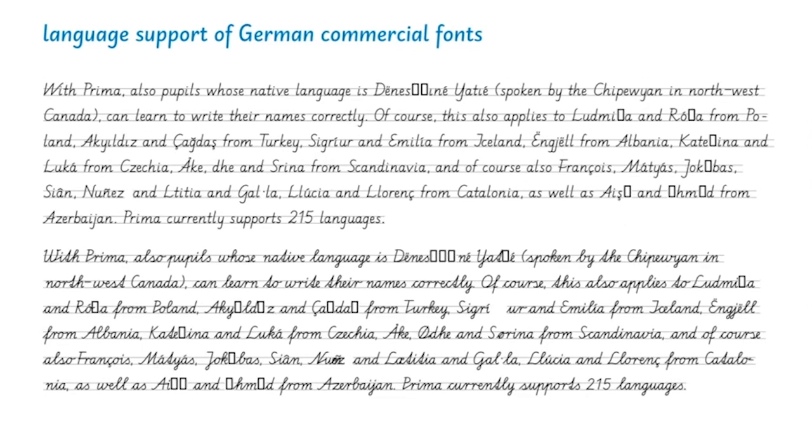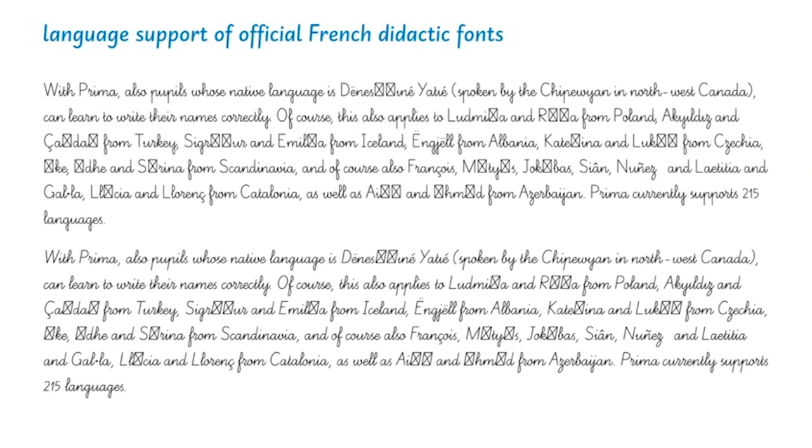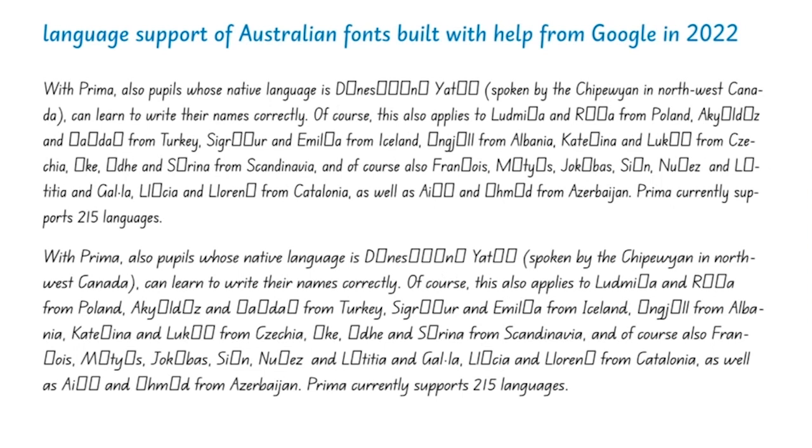But also in Germany, where commercial providers sell these fonts, children's names in Turkish or Polish clearly are not considered to be within their remit. Yet even in France, one of the most multi-ethnic and multilingual communities in Europe, where official fonts were commissioned by the Ministry of Education and produced by professional type designers, languages beyond those that share French accents are ignored.